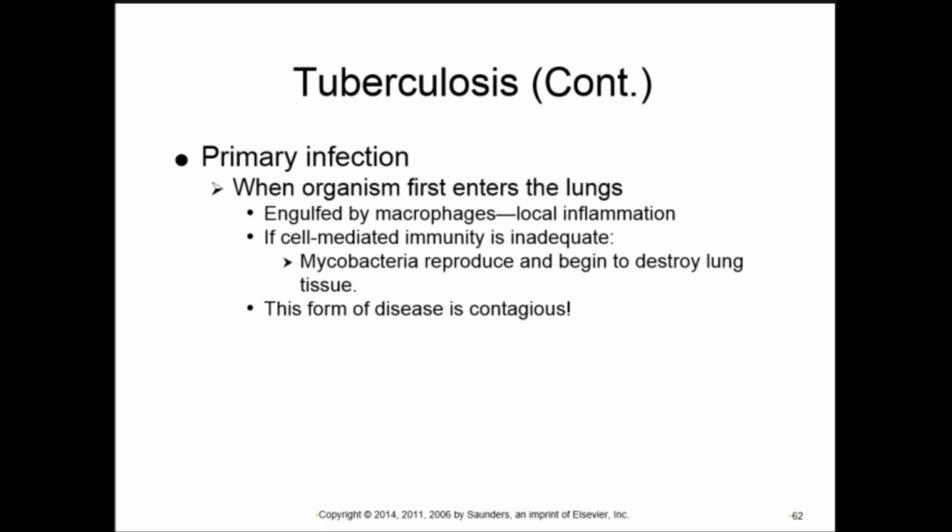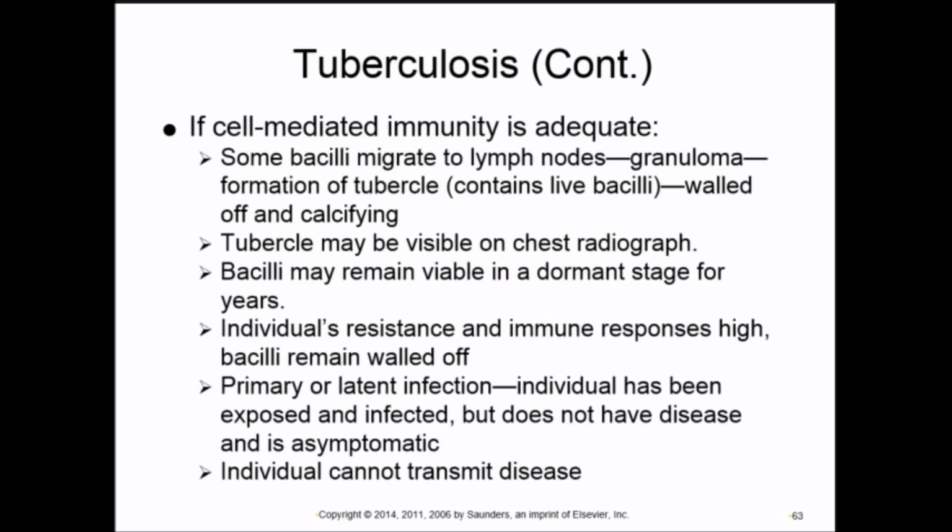your resistance. If your immune system is strong enough, your macrophages are going to eat it, and it's not going to spread. It will stay alive, though, because it's very resistant. If not, it will invade different parts of the body and destroy the lung. So if your cell-mediated immunity is adequate, it will go to the lymph nodes and stay there, causing a granuloma.